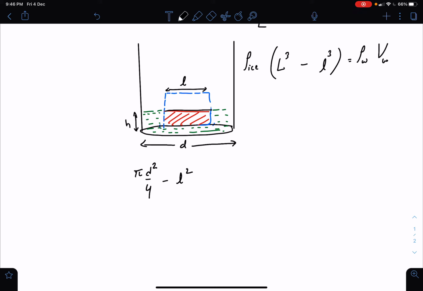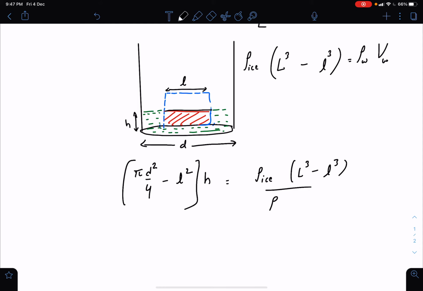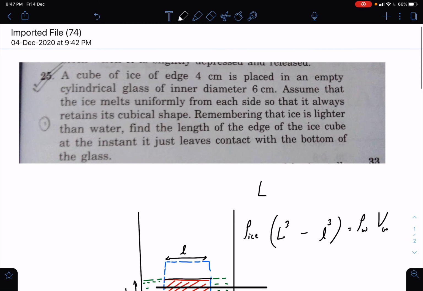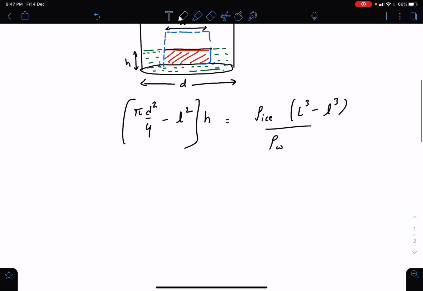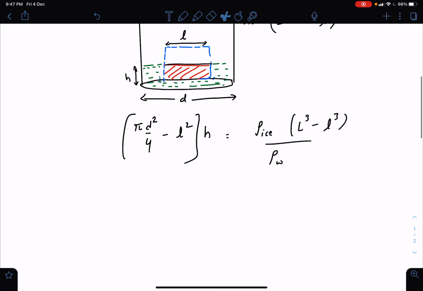But out of the total cross-section area of pi d square by 4, l square area is occupied by ice. So only in this much area water is present. So area into the height will give us the volume of water, and this volume of water can be written as rho of ice into (L cube minus l cube) by density of water. So this is equation number 1.